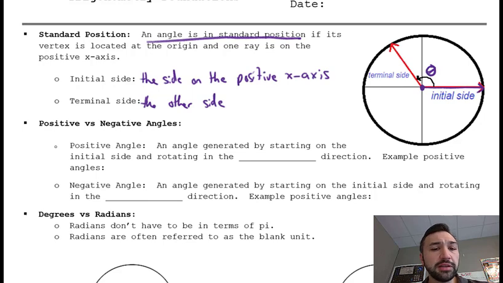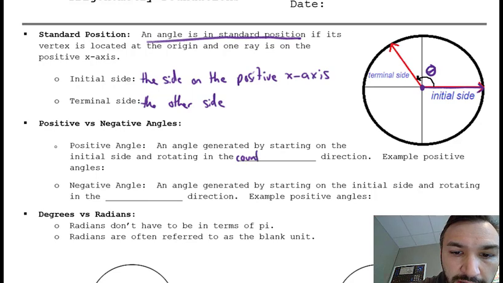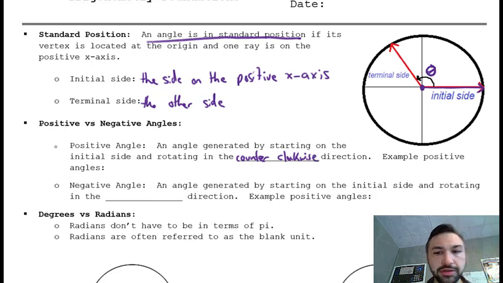Now you can have positive angles and you can have negative angles. Positive angles are angles that start on the initial side and rotate in the counterclockwise direction.